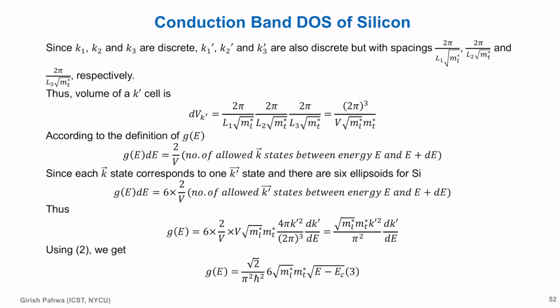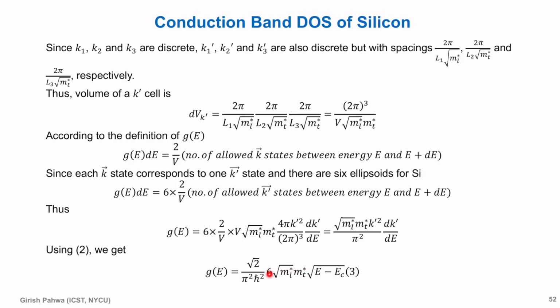Now what we can do, I would still like to use the same formula that I derived for the sphere. I don't want to go from sphere to ellipsoid. If I want to use the same formula as I used for the sphere, what should I do? Look at your spherical formula.